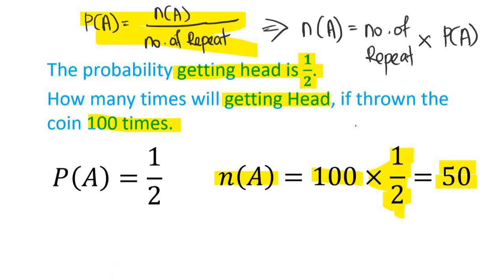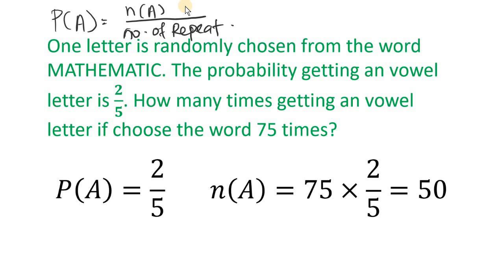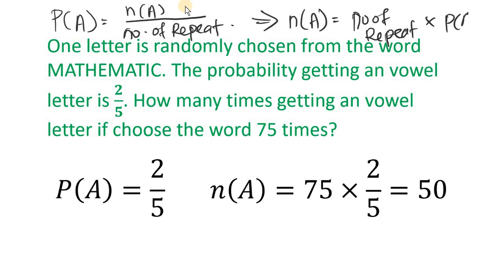Then we continue to the second example, which is also the same. Always remember the probability for event A is equal to the number of event A over the number of repeats. In other words, the number of event A is equal to the number of repeats multiplied by the probability.